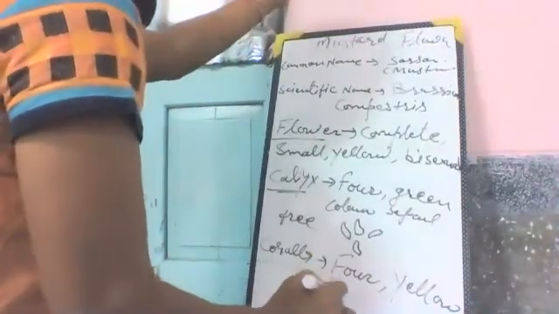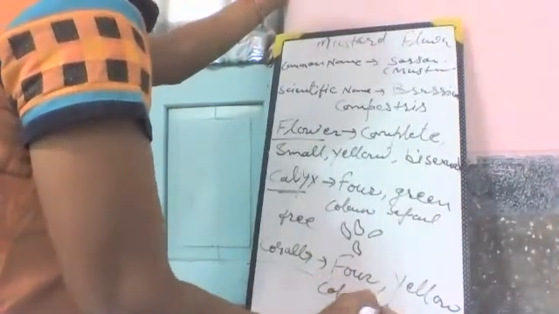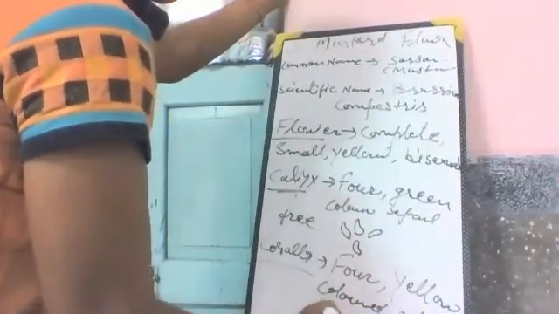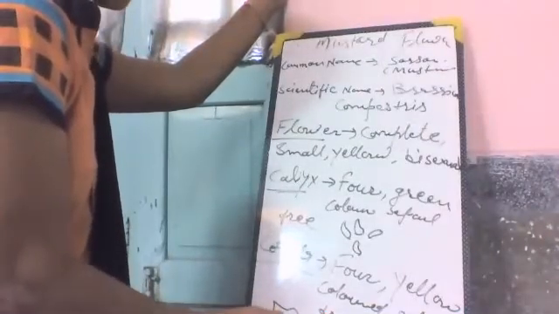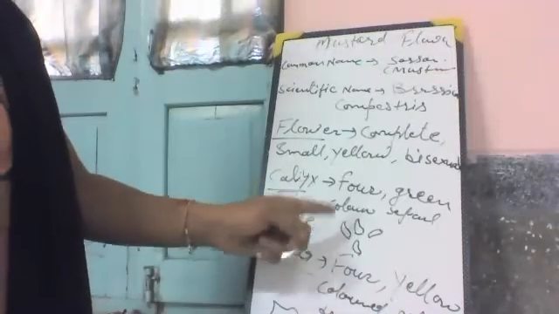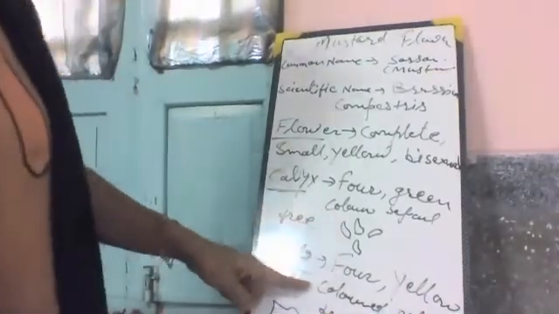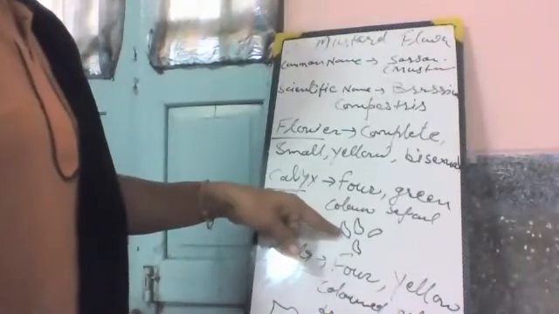Free means they do not attach at their base, totally free at the bottom. So petals are also free and sepals are also free. Sepals are 4 in number, petals also 4 in number. Sepals are green in color and corolla is yellow in color.